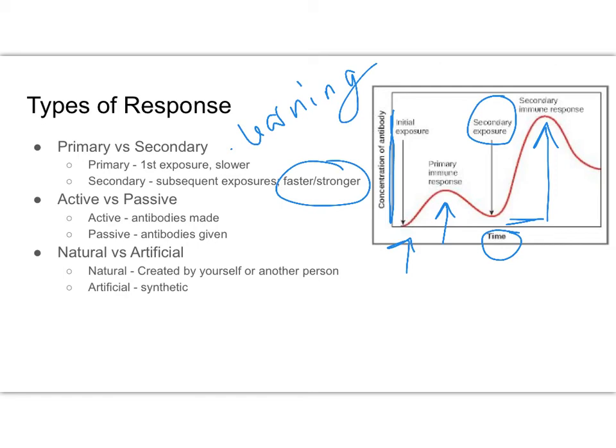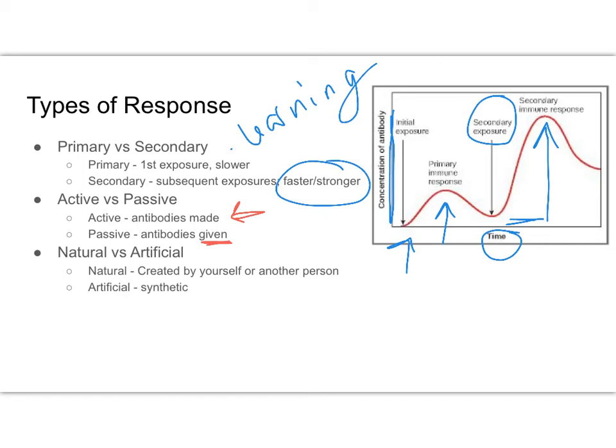Another type of response that we can have is an active versus a passive type of response. An active response is when we are the ones that are actually making the antibodies. So we are actively producing the antibodies. Whereas with a passive type of immunity, the antibodies are given to us.